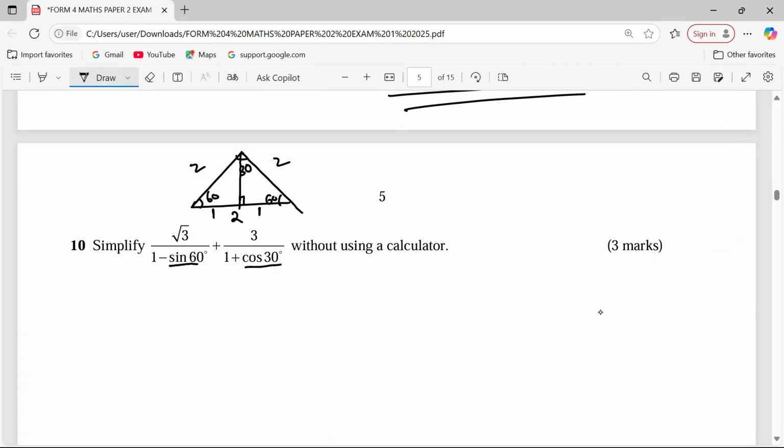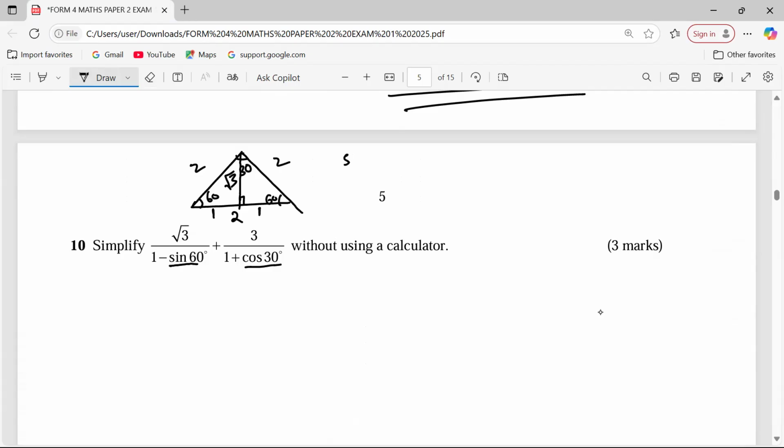And for us to get the sine of 60, we should get the opposite length. So with 1 and 2, it means we need 2 squared giving us 4, 1 squared giving us 1. So the square root of 3 will be the height there.